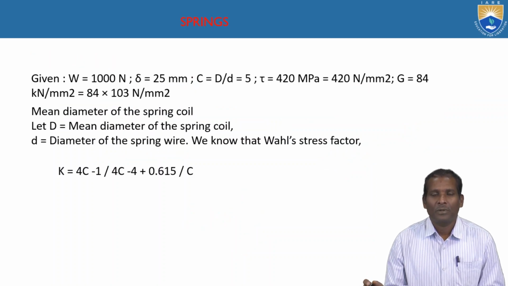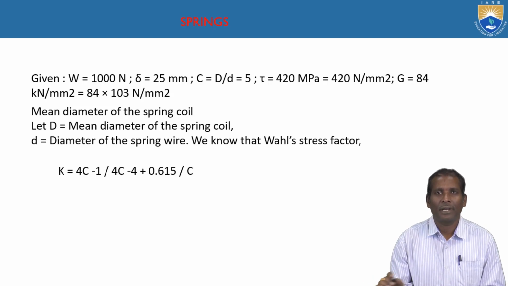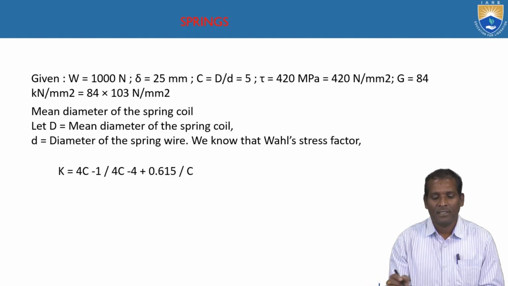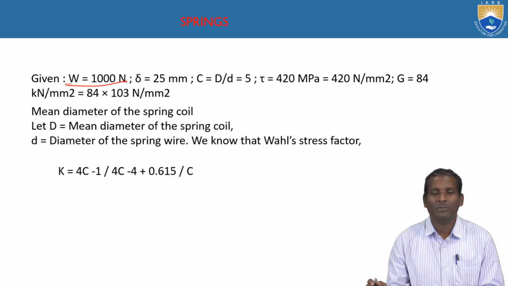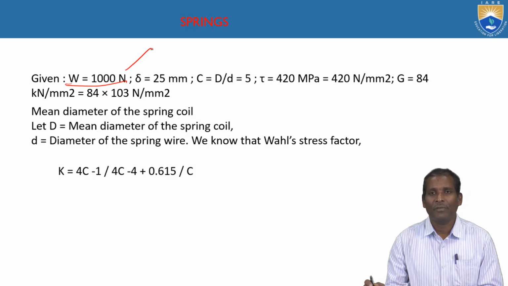First of all, for any design problem, the first thing is you have to write the given data. You have to identify what is given in the problem and what is asked, and then only we can apply the formulas. So the given data is W, the maximum load, 1000 Newtons, and delta, the deflection, 25 mm.